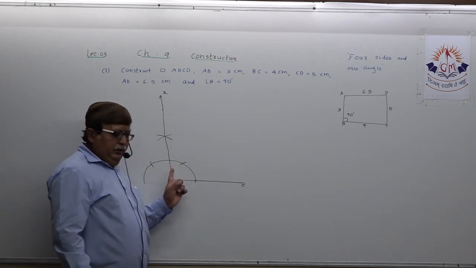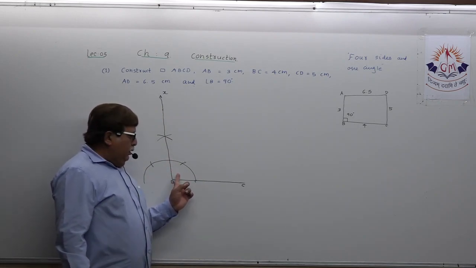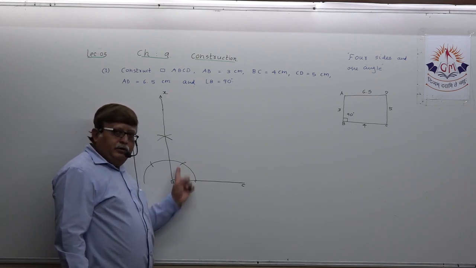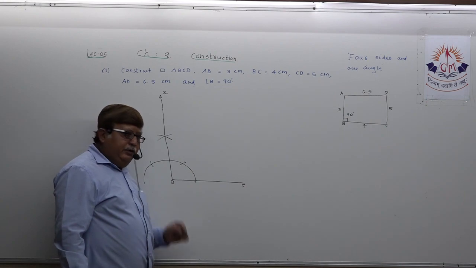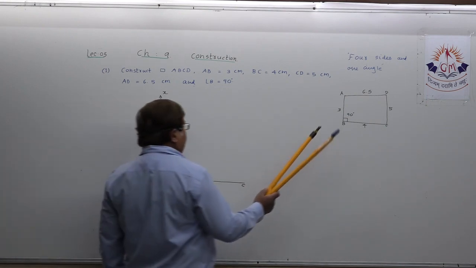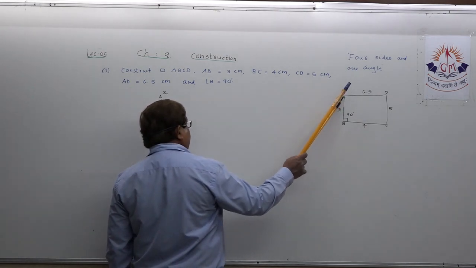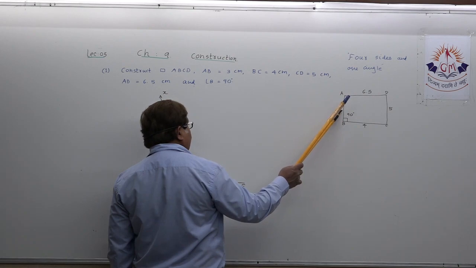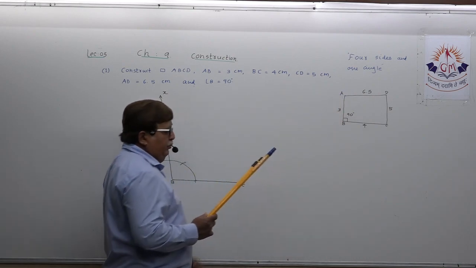You also perform the same thing. Construct an angle of 90 degree. Now what to do? Just check here. What is AB given? 3 centimeter.